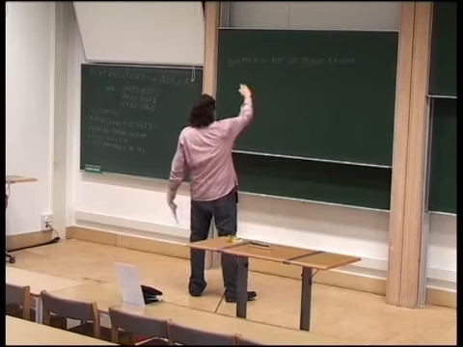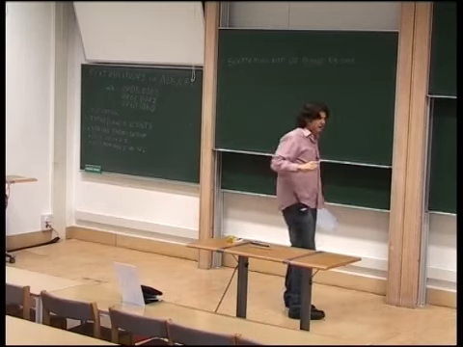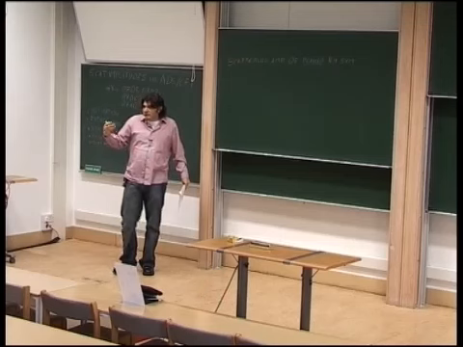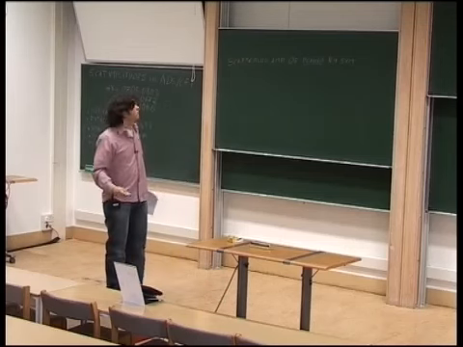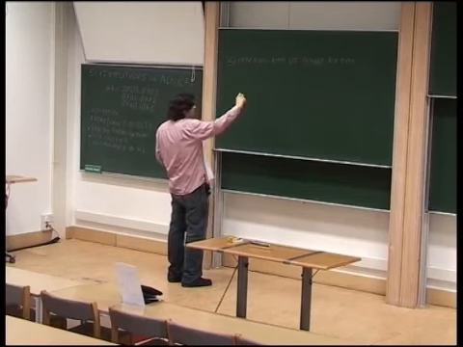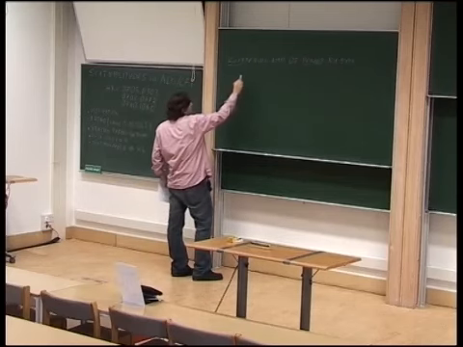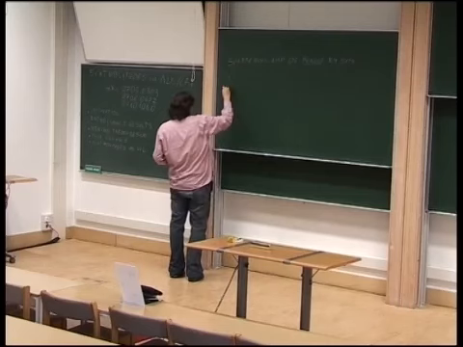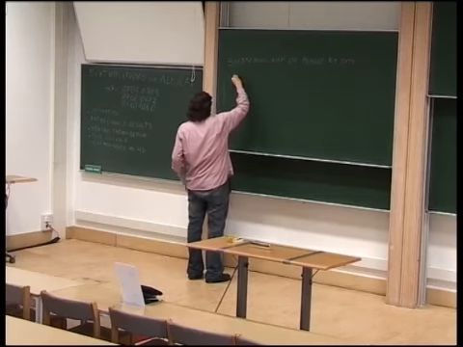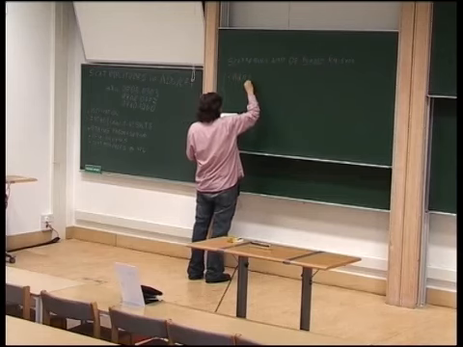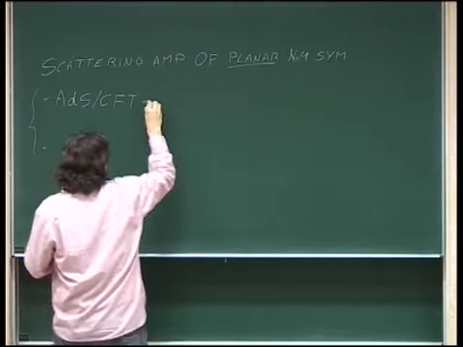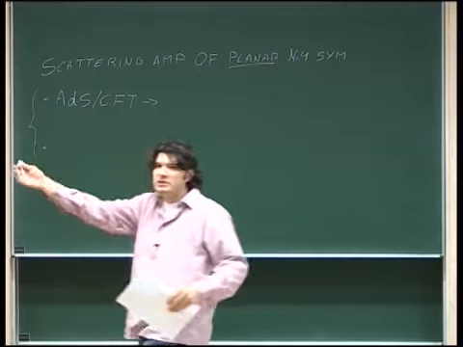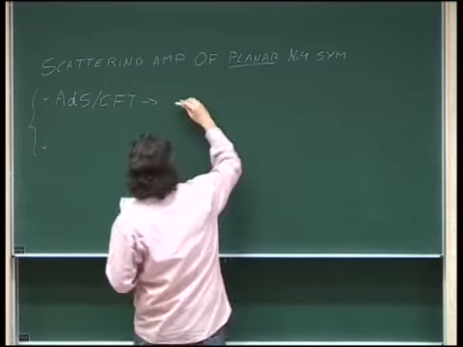So the reason why we consider planar N=4 super Yang-Mills is twofold. First, it can still give us some very non-trivial information about the scattering amplitudes of QCD. And there are 2 features that make the study of this theory much easier to deal with. The first feature is the so-called AdS/CFT duality that allows us to study this theory at strong coupling by means of a weakly coupled string sigma model.